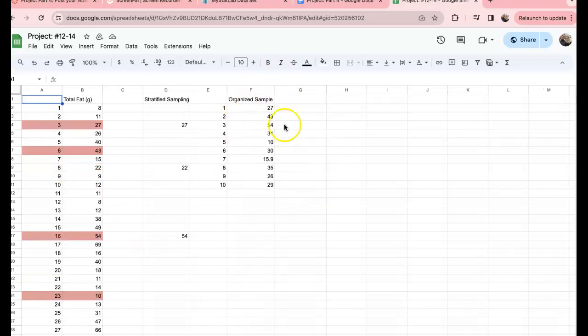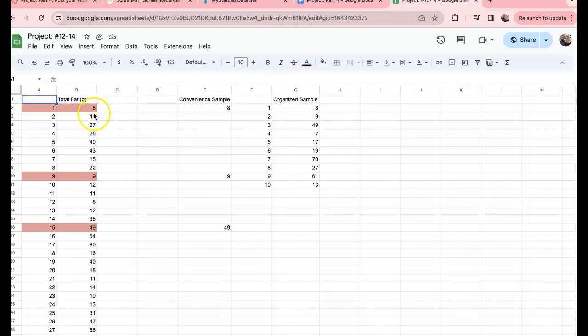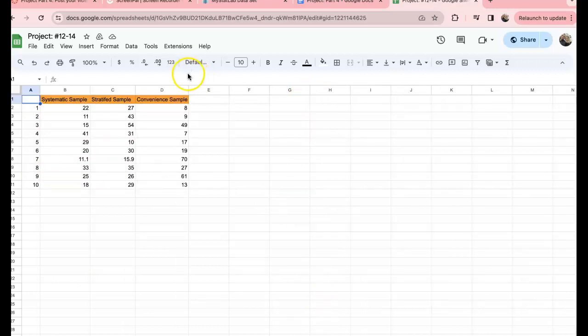Then we go into the stratified sample. Again, we have those numbers highlighted and we have them organized here. And then also the convenience sample, same thing, highlighted and organized here. And then this one is just an organization of all 3 sampling methods and their values.